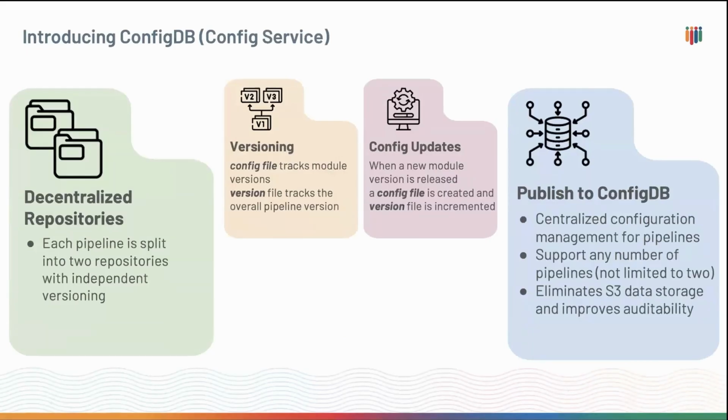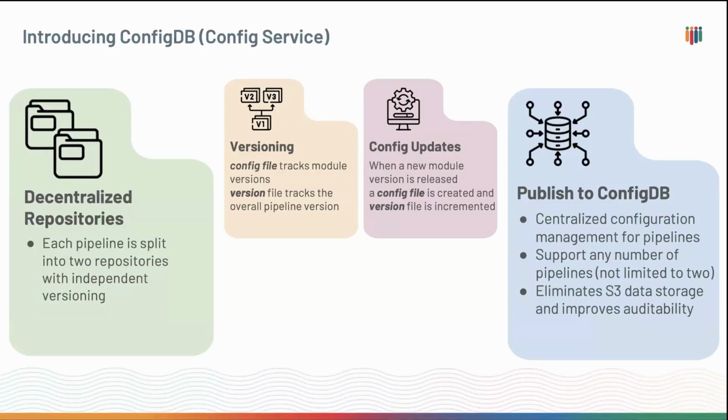To address the challenges of managing both pipelines in a single repository, we propose decentralizing the repositories by splitting each pipeline into its own repository, allowing for independent versioning. On top of that, we also introduce ConfigDB, a centralized configuration management for our analytical pipelines that can be easily scaled to support additional pipelines in the future.